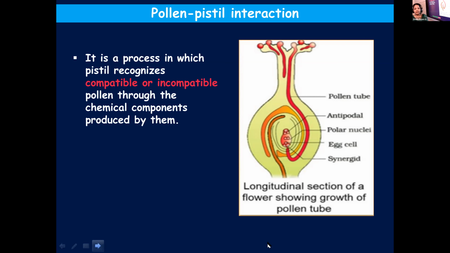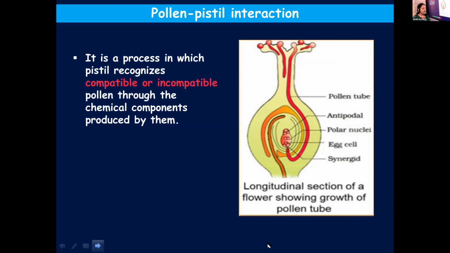Chemical components produced by the pistil help it recognize compatible and incompatible pollen. If it is incompatible, it will be rejected. If it is compatible, it will germinate, a pollen tube will be formed, and through the pollen tube, male gametes will be transferred, resulting in fertilization.